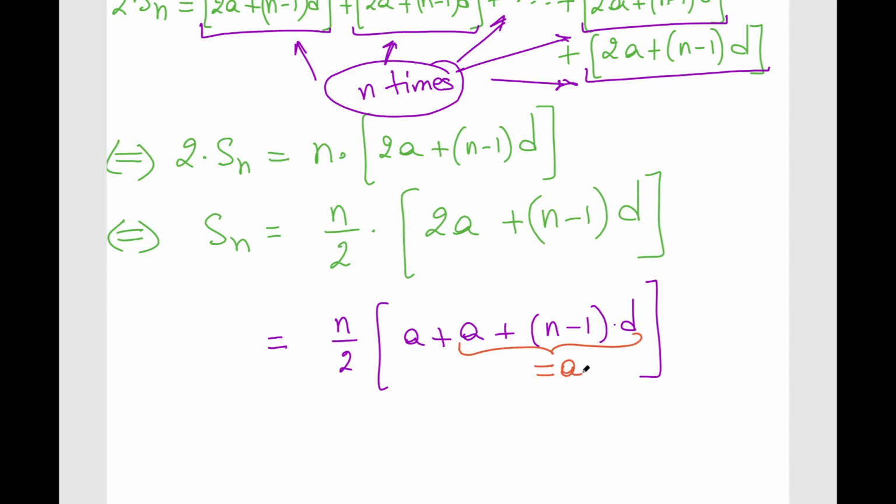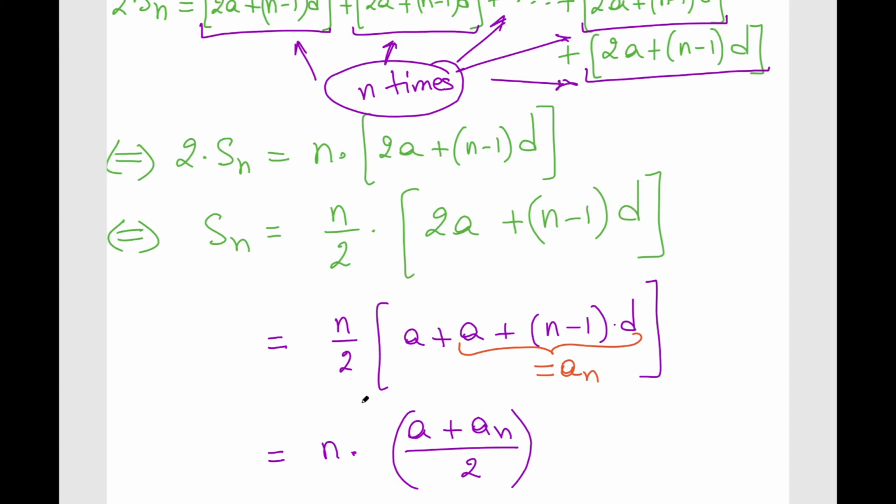Isn't a plus (n minus 1)d the nth term of the arithmetic sequence, an? So what can we say then? This is equal to n times (a plus an) over 2. Correct? So that's a plus an, divided by 2.